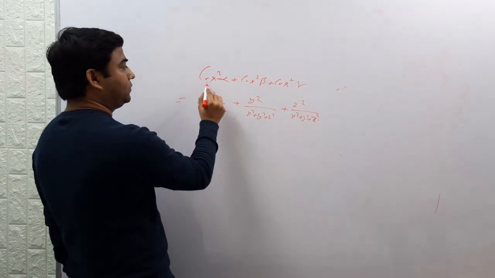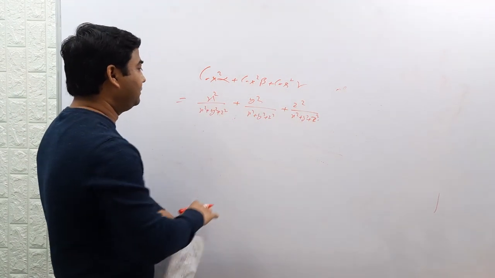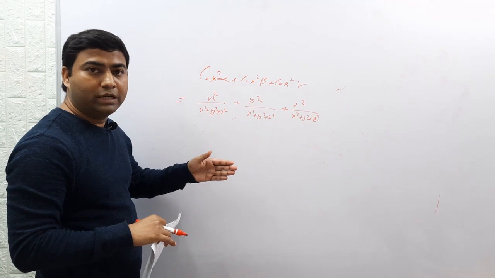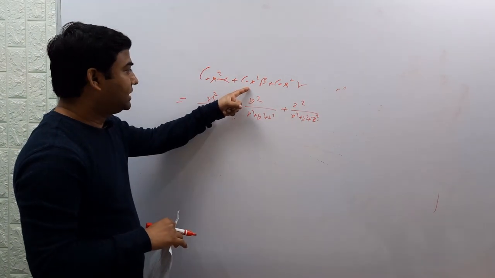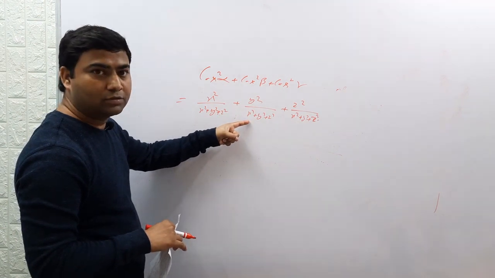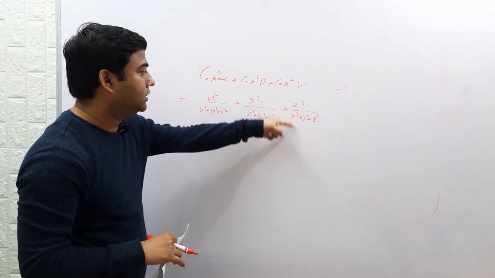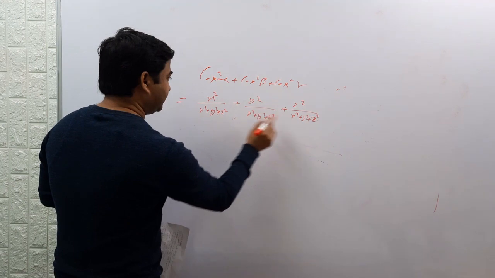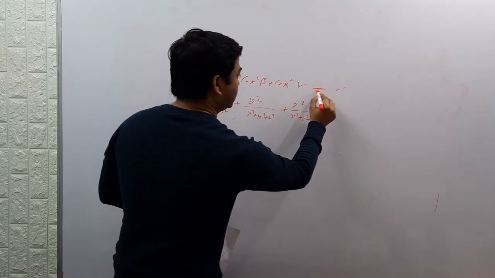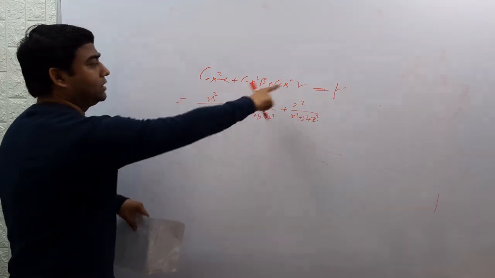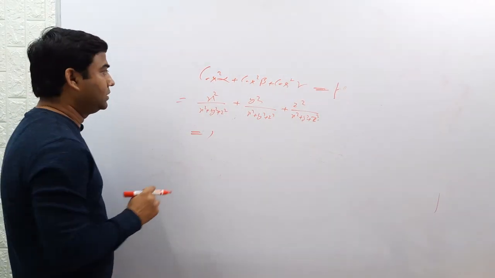Just recall the formula of cos alpha, cos beta, cos gamma. Cos alpha was x divided by under root x square plus y square plus z square, so cos square alpha is this. Cos beta is y by under root x square plus y square plus z square, and similarly cos gamma. If we add them, it will come to 1. So cos square alpha plus cos square beta plus cos square gamma is 1.